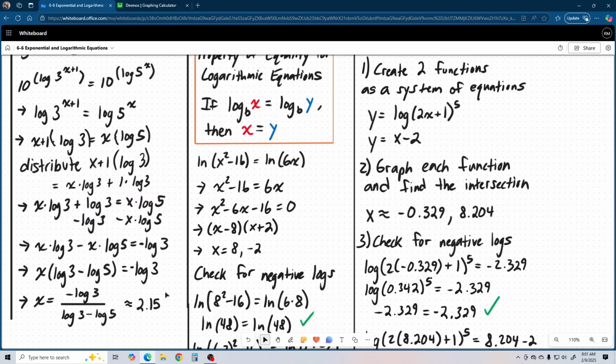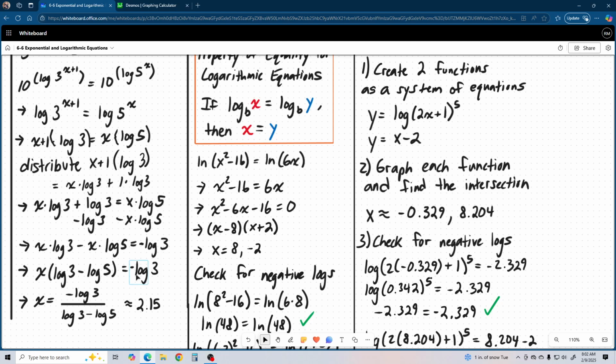All right, now this is kind of a key step too, right? If I have x times log 3 minus x times log 5, I can actually factor out an x from each of these, right? If I had an x times this and then x times this, I can factor out that x. So that's what we're going to do. So we're going to factor out the x, and that's going to leave us with log 3 minus log 5, right?